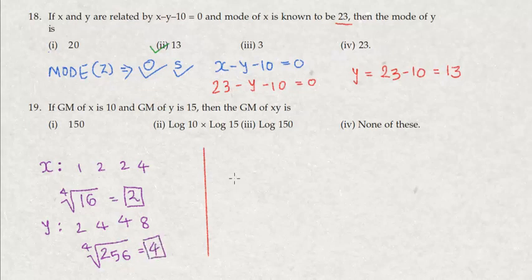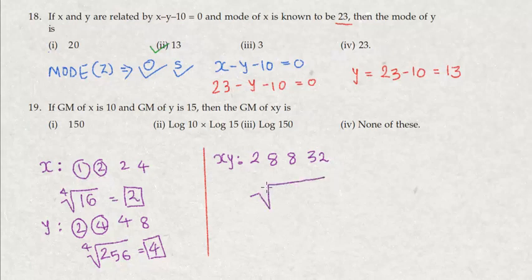Now let me find the X into Y data set, the multiplication of X into Y. So I have to multiply 1 with the observation 2, and 2 with the second observation 4, and so on for the other 2 observations also. So 1 into 2 is 2, 2 into 4 is 8, 2 into 4 is 8 and 4 into 8 is 32. Now the multiplication here is 2, 8 into 2 is 16, into 8 is 128, into 32 is 4096.